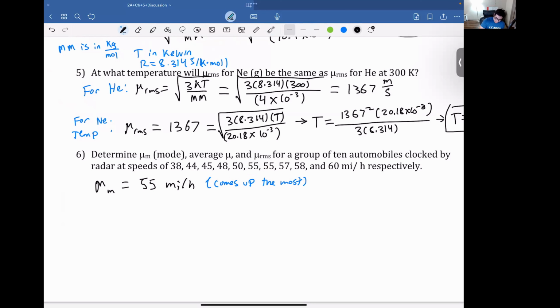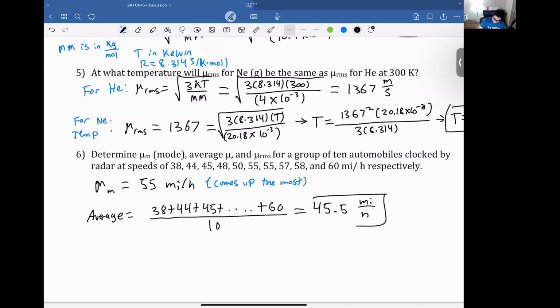Then the average: you're just summing them all up and then dividing by how many there are, by definition of your average. When you plug that in, you get 45.5 miles per hour.